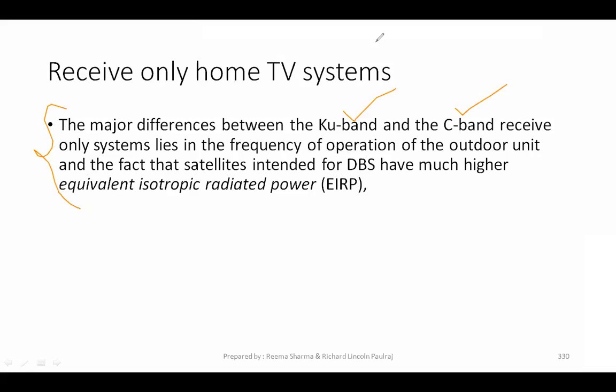The most important thing that you have to concentrate on here is EIRP. Your EIRP levels are different for both Ku band and C band, and also your frequency of operation is different.